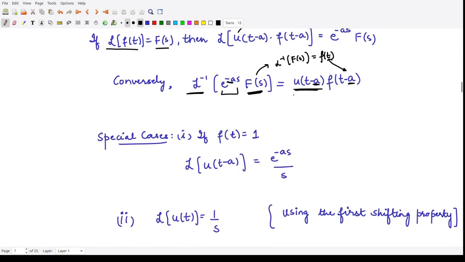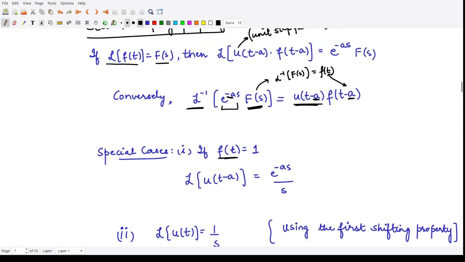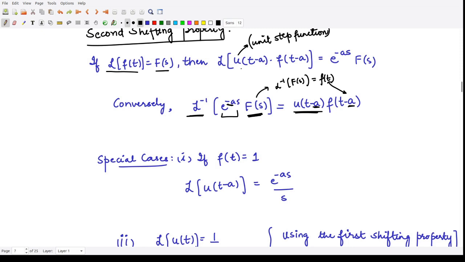And we have this property, that the Laplace transform of u of t minus a into f of t minus a is equal to e to the power minus as into F of s.